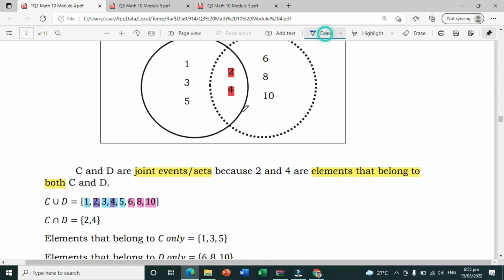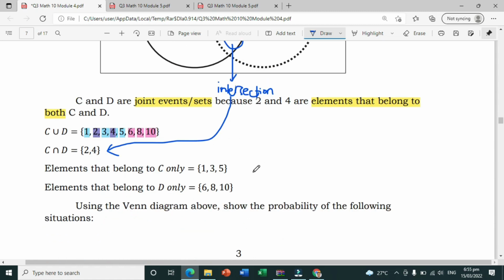Yan. So, sulat ko lang, ito yung intersection. Intersection yan. So, elements that belong to C only.